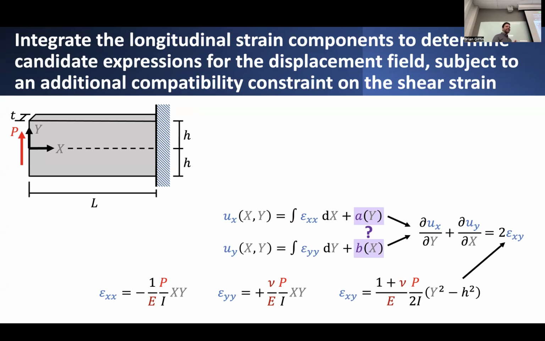So to make that guarantee, we do have to verify that our assumed forms for the displacement field do in fact satisfy this extra relationship, which is almost tantamount to saying that whatever displacement field we choose still has to satisfy compatibility. So at the end of the day, nothing comes for free. If you have to actually find the displacement field, you do still need to verify this and enforce it explicitly.